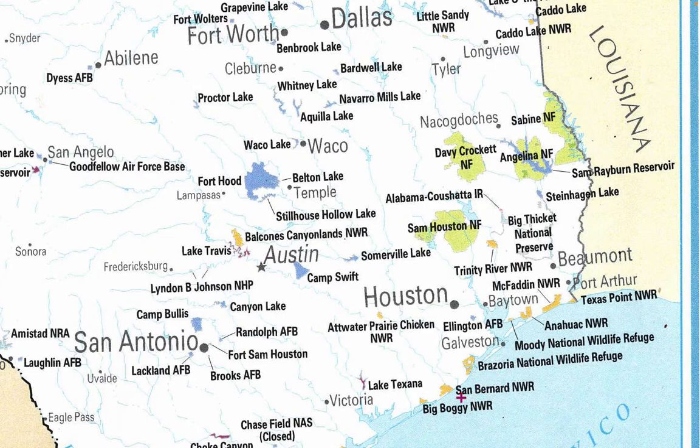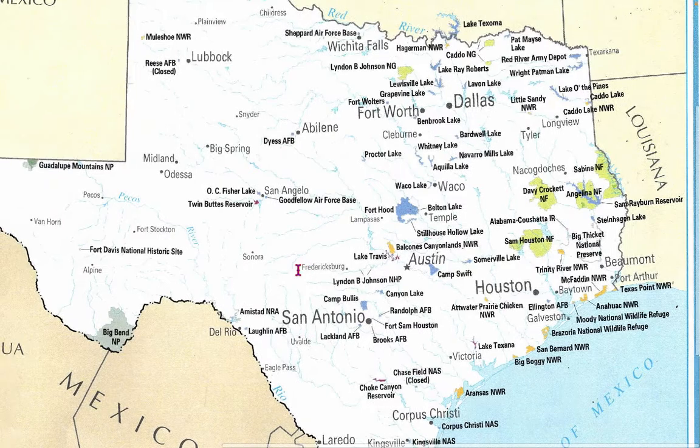I think there's one somewhere around here. These are the areas properly ceded, okay, here's Camp Swift, to the federal government.